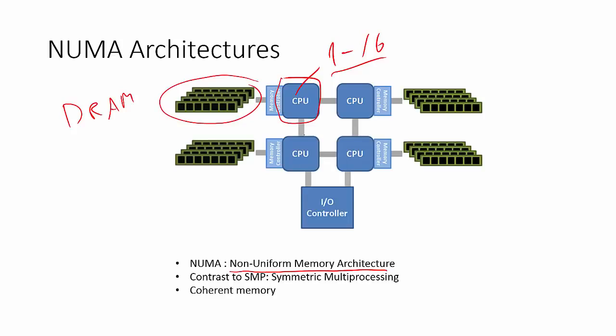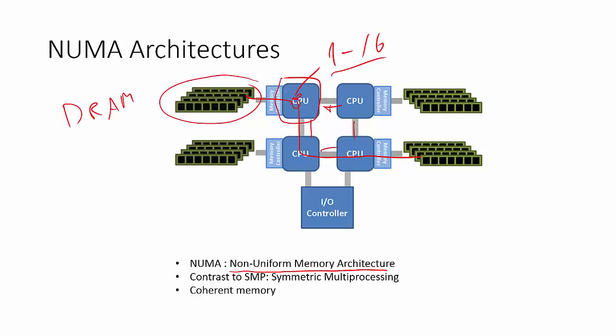These processors are interconnected by some kind of interconnect mechanism, and the dominant processor manufacturers, Intel and AMD, have different kinds of links. In Intel you have QuickPath, in AMD processors you have HyperTransport, and there are various variants. These links make it possible for cores in this processor here to access both this data and data connected to some other processor.